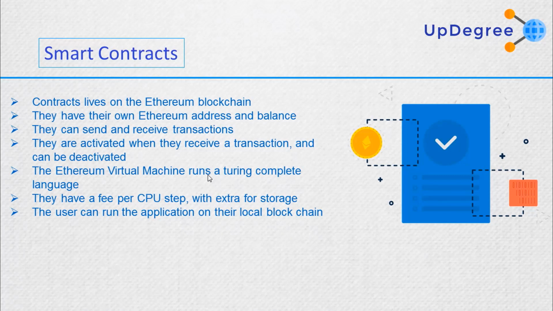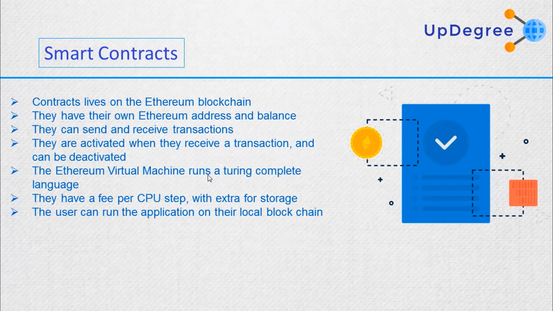Users can run the application on their local blockchain. The base is the Ethereum blockchain. Just as you had a Bitcoin address, similarly you have an Ethereum address, and you can send and receive transactions, which can be activated and deactivated anytime. And this Ethereum virtual machine runs on a Turing complete language.